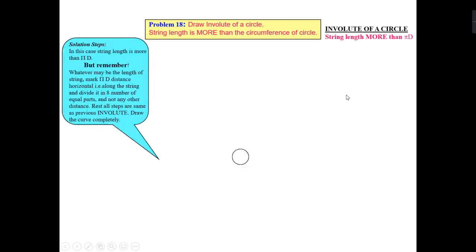So now you have to draw the involute of a circle where the string length is more than pi d. Again, you can take a 50 mm diameter circle for drawing the involute, and again I will divide it into 8 equal parts.